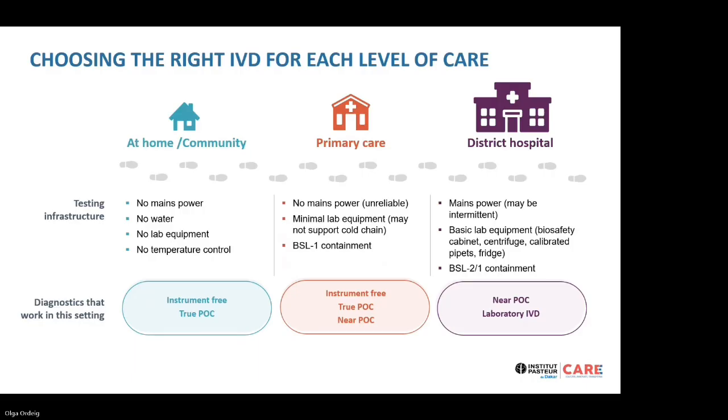And finally, the district hospitals, where you can have all the complexity and the most advanced technologies, because the people performing those experiments are going to be well-prepared laboratory technicians. So basically the takeaway is that when you design an IVD, it has to follow the infrastructure where it is going to be used, and not the other way around.